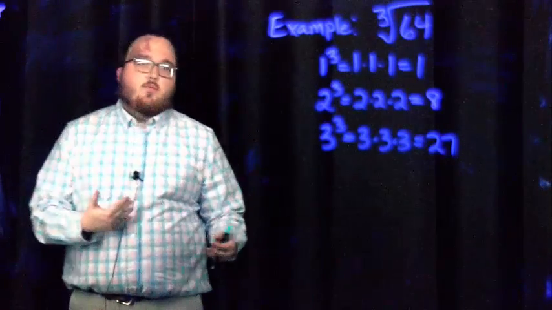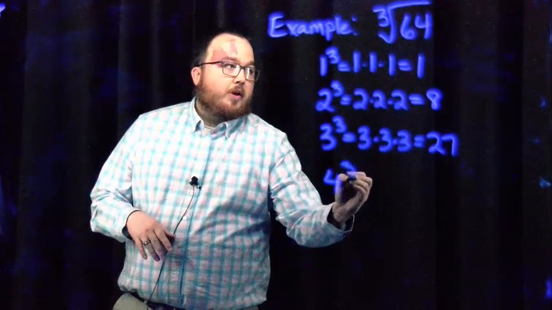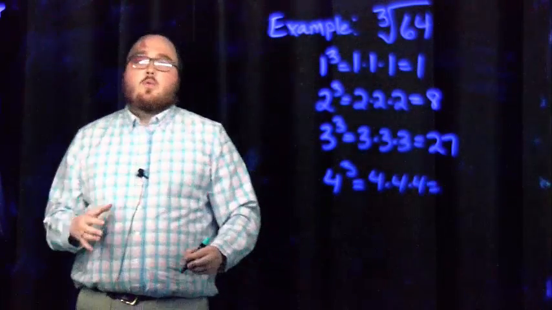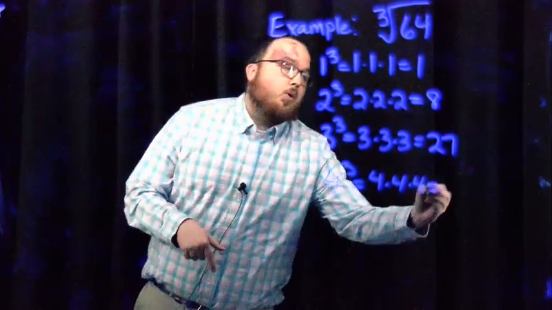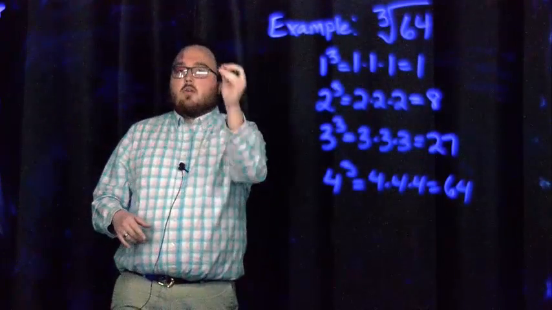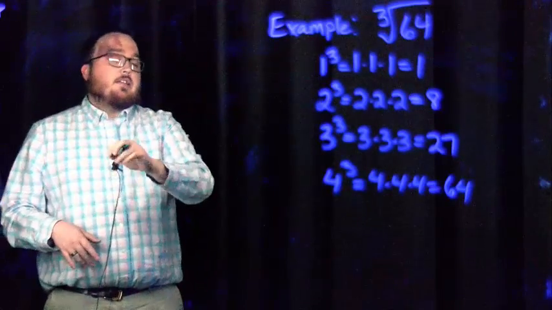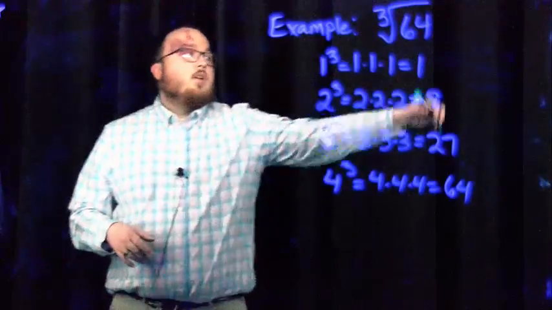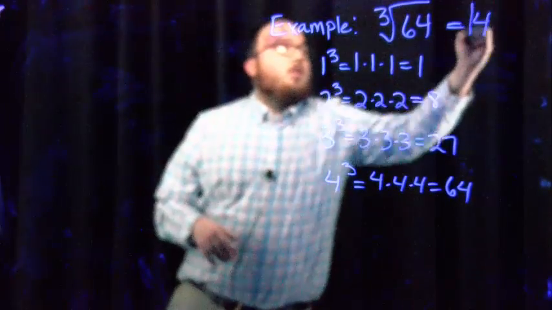Also wrong. Let's try 4. 4 to the power of 3 is 4 times 4 times 4. 4 times 4 is 16, and 16 times 4 is 64. Since 4 to the power of 3 is equal to 64, then we know the cube root of 64 is equal to 4.